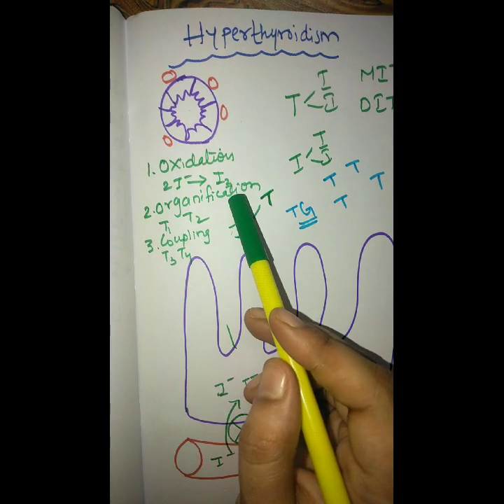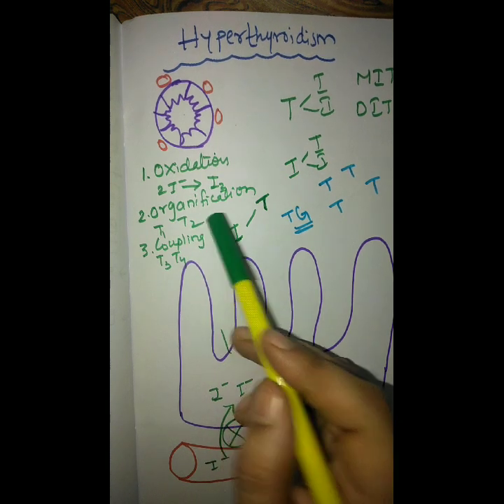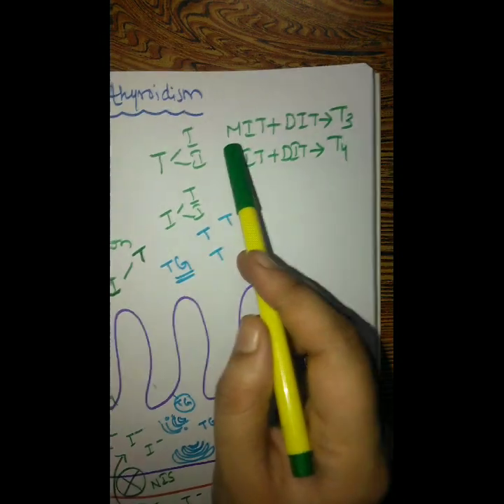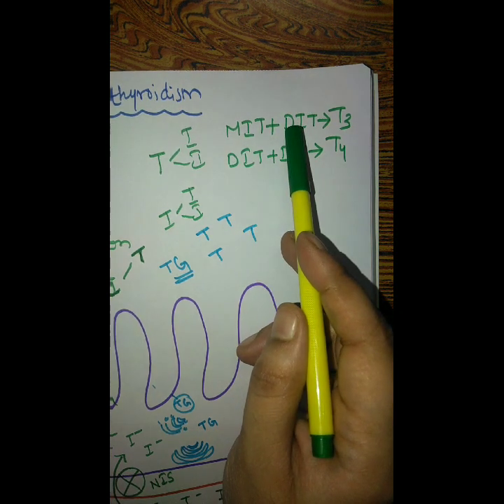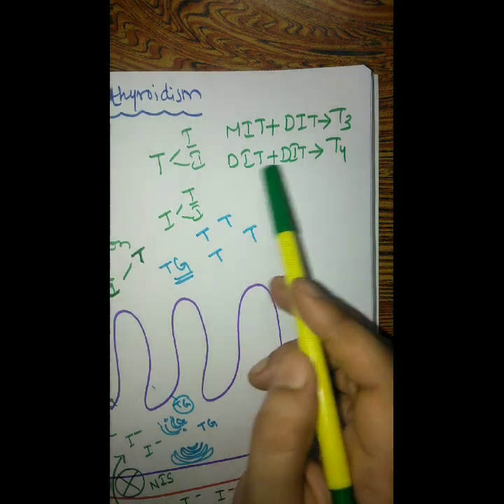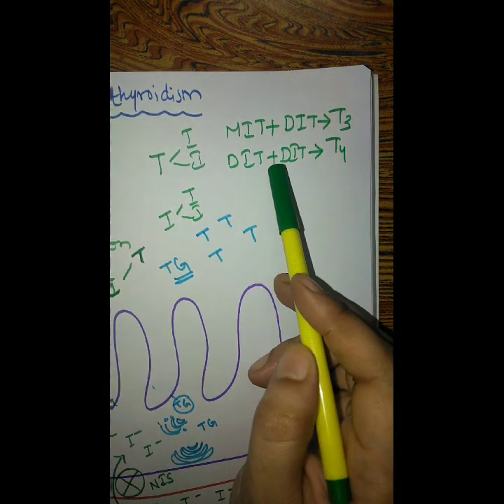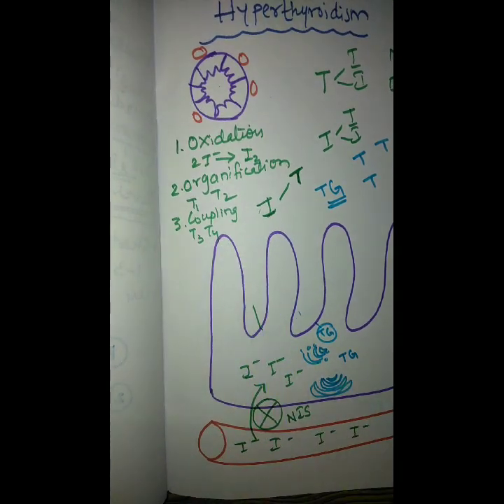Okay, in organification we got monoiodothyroxine and diiodothyroxine, and in coupling one molecule of monoiodothyroxine combines with one molecule of diiodothyroxine to give T3, and when two molecules of diiodothyroxine combine together we get T4. So in the coupling reaction we get the synthesis of T3 and T4.